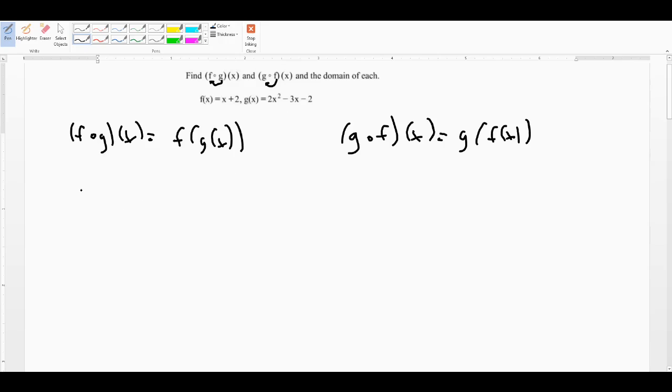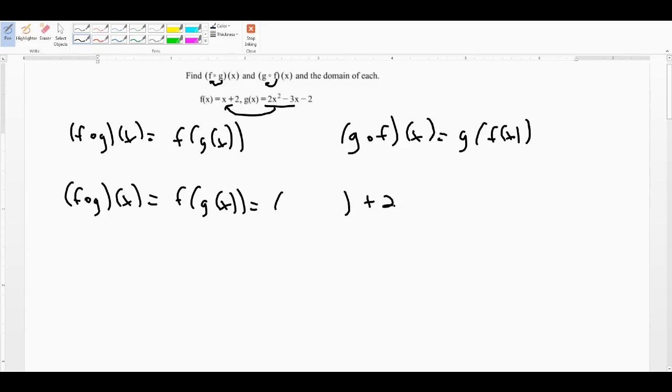So when we do f of g of x for this one, we're going to take the g function and substitute it for the x in the f function. So g goes inside the f. We get something plus 2, because that's our f function.